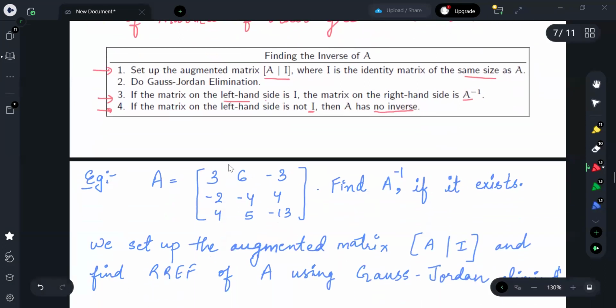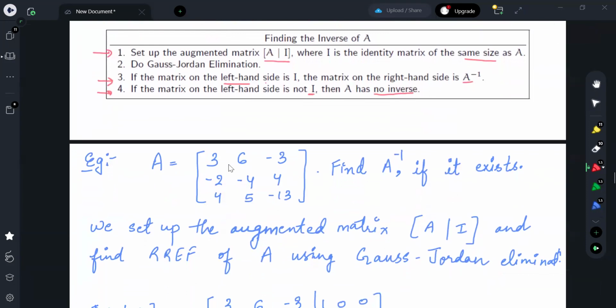Let's start with a 3x3 matrix. And spoiler alert, this matrix does have an inverse, but I want to use Gauss-Jordan elimination to find the inverse of A. So, step 1, I'm going to set up the augmented matrix, A, a straight line, then I. And I here is going to be of size 3 because I have a 3x3 matrix.